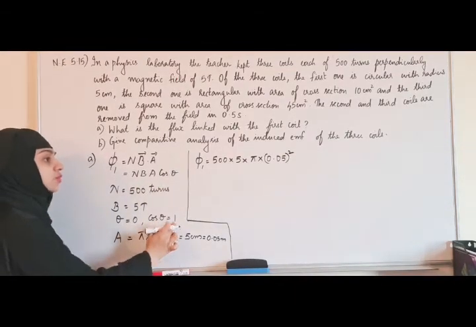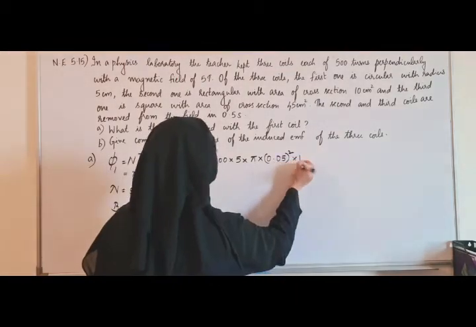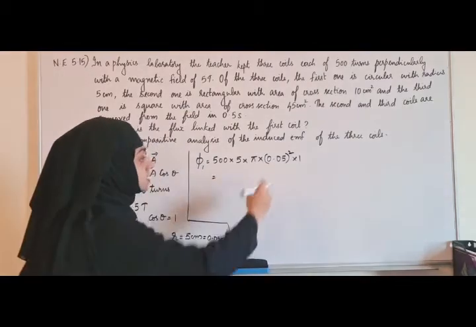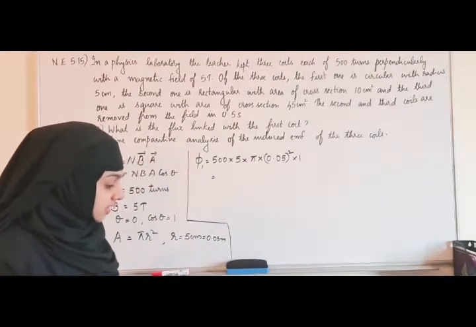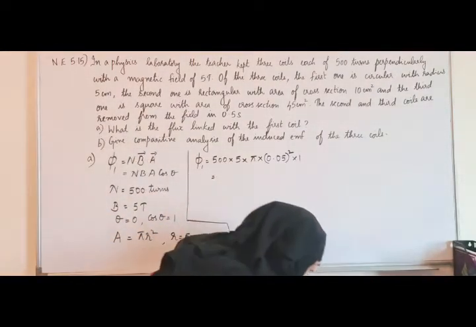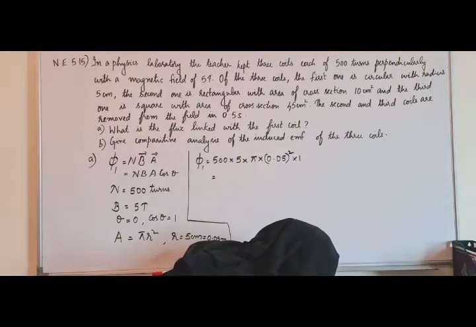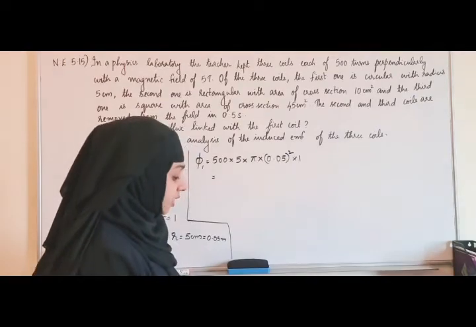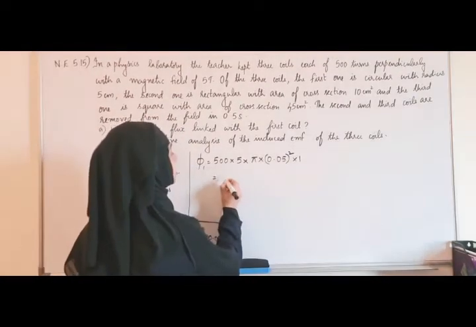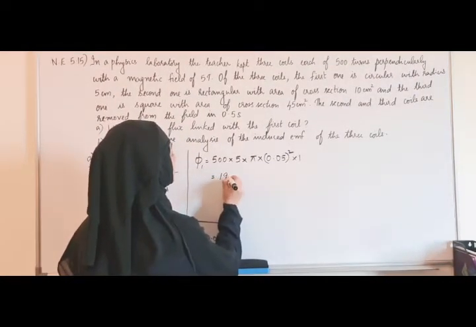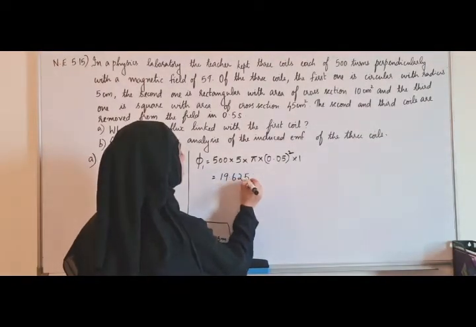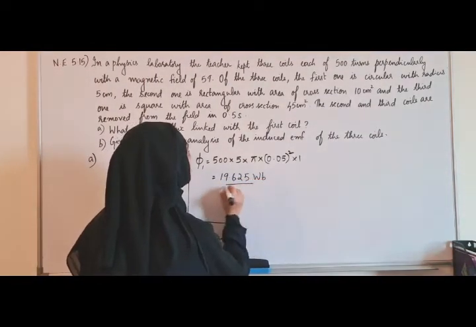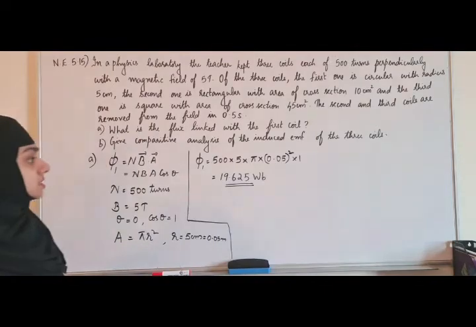Cos theta is 1, so times 1. When you solve this, you will get the answer as 19.625 Weber. Weber is the unit of magnetic flux.